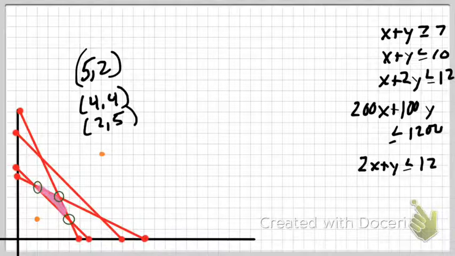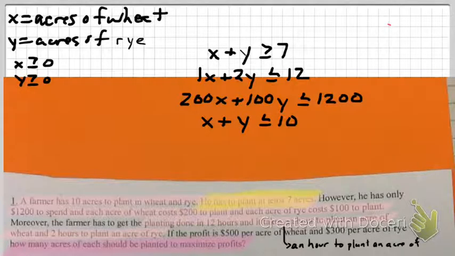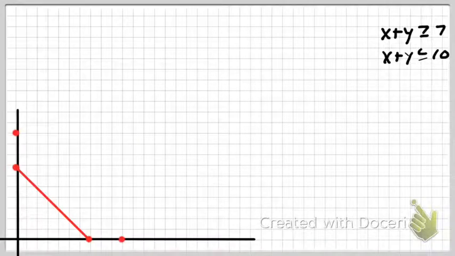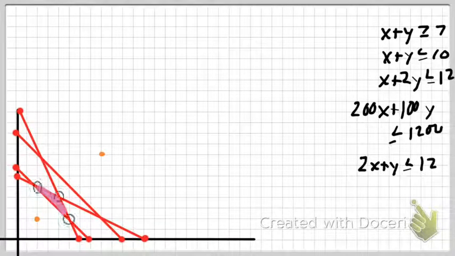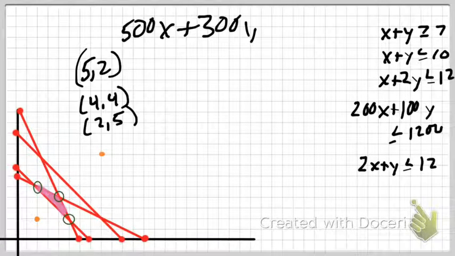So now what we have to do is figure out which one of those is the best option. If you look back at the problem, it says our profit is $500 for an acre of wheat and $300 for an acre of rye. We haven't used this information yet at all. That's going to be our function that we use to figure out our profit.